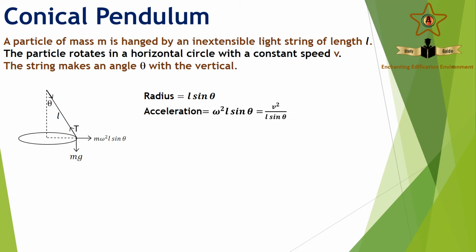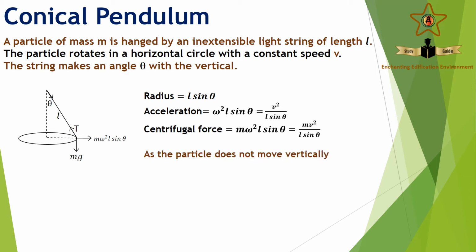Acceleration is omega squared L sin theta or v squared over L sin theta. We normally write acceleration as r omega squared, but I have written the length behind to avoid confusion over sin theta and omega squared. Centrifugal force is m omega squared L sin theta or m v squared over L sin theta.